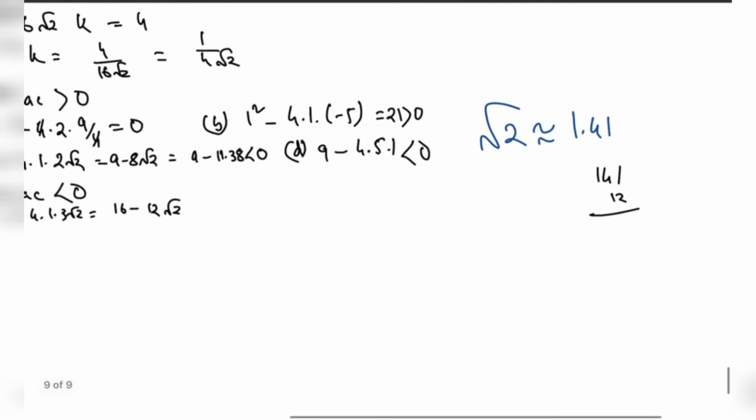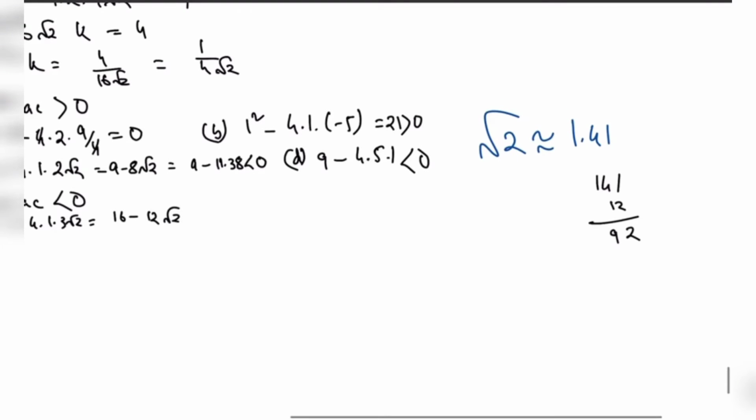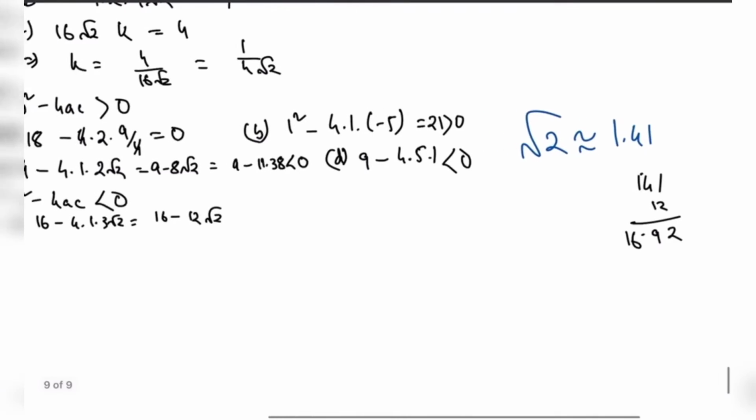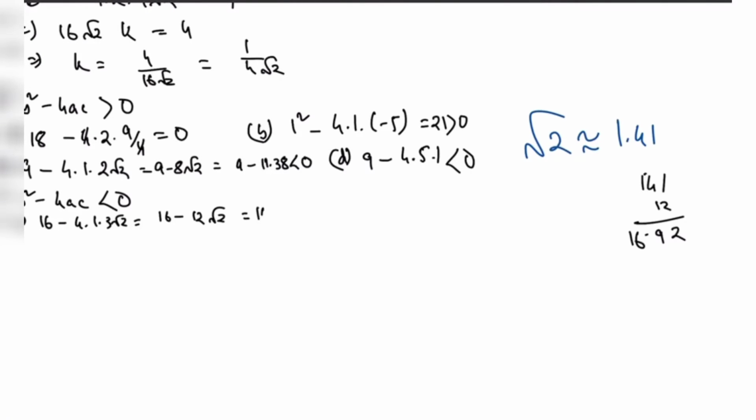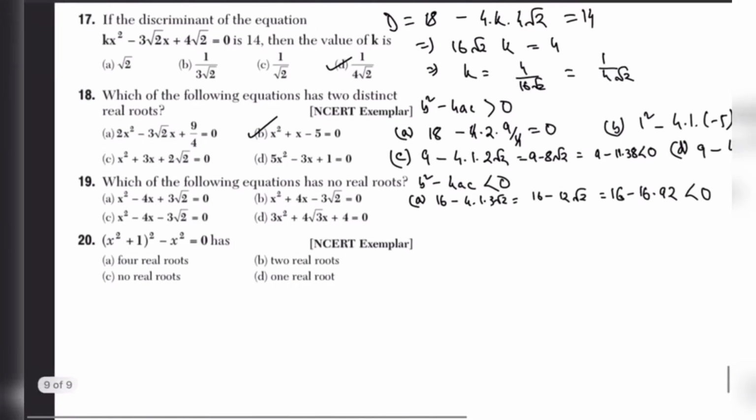Firstly 12, we have a carry of 1, 48 plus 1 is 49, carry of 4, 12 plus 12 times 1 is 12 plus 4 is 16, so you have 16.92. So 16 minus 16.92 is clearly less than 0. So in option A itself you have the correct thing.